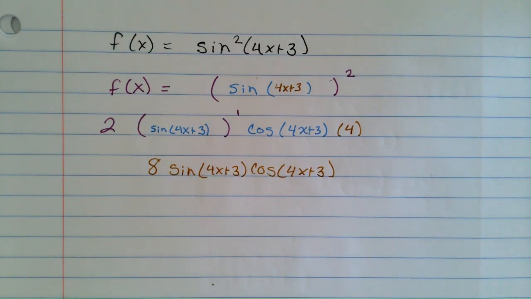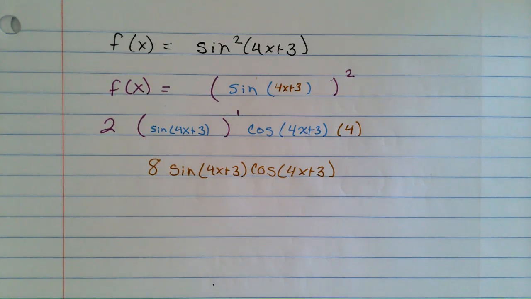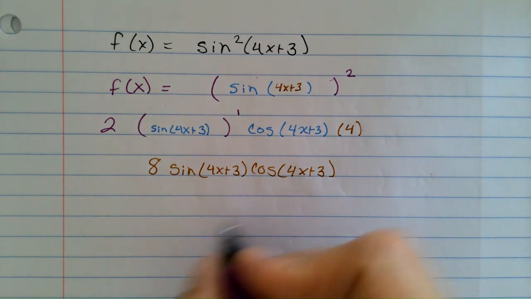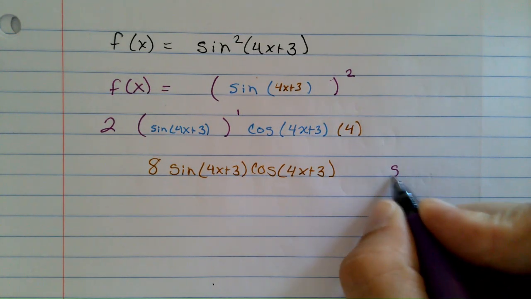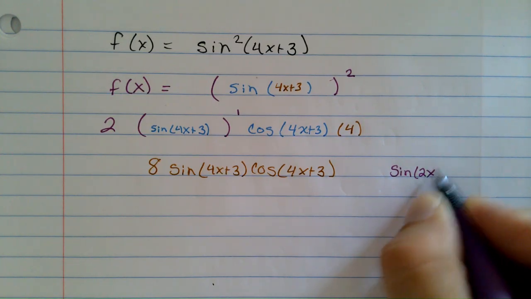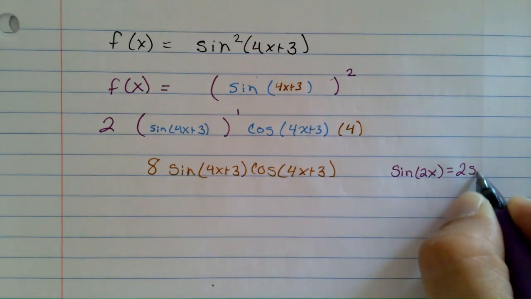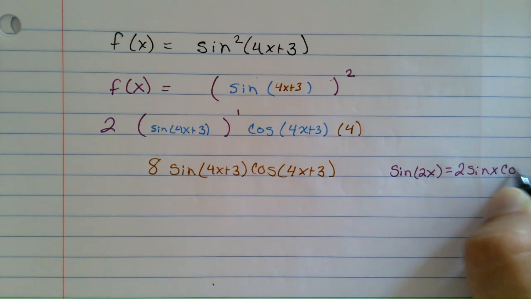In my classroom, I would accept this answer. Okay? However, some textbooks might think, oh, you need to simplify this even more. We have a rule that says the sine of 2x equals 2 sine of x cosine of x.